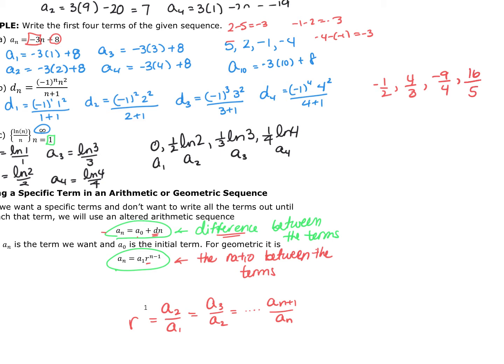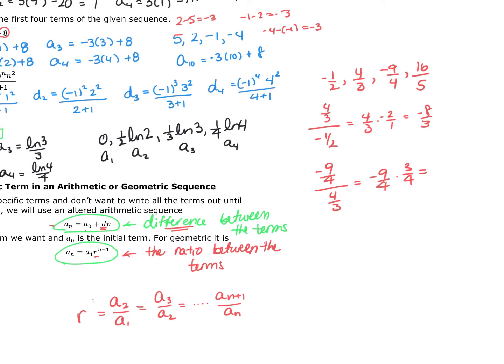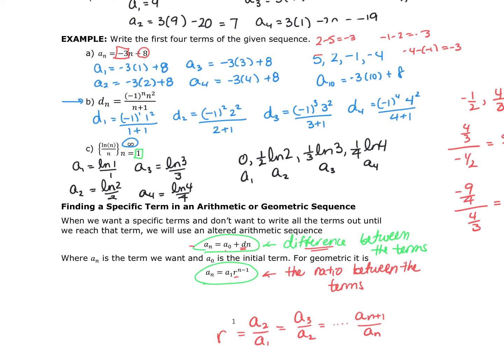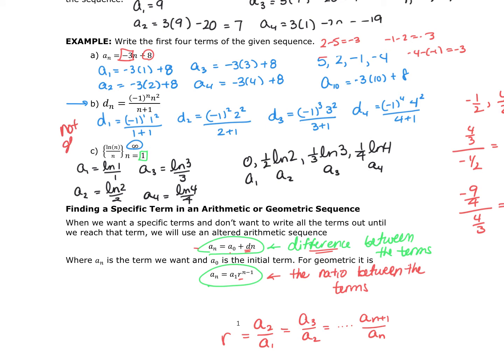So for the geometric to work, I must have 4/3 divided by negative 1/2, which ends up being 4/3 multiplied by negative 2/1, which gives me negative 8/3. That must be the same thing as negative 9/4 divided by 4/3, which is negative 9/4 multiplied by 3/4, which we can see is not going to give us the same value. This gives me negative 27/16. And these are not equivalent, so this is not geometric, but this one is arithmetic.